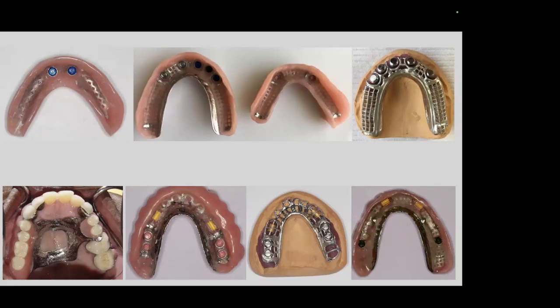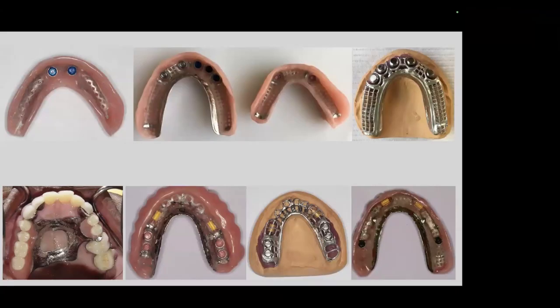But if this patient's wearing a traditional RPD and maybe they don't have the funds to get enough implants to have fixed restorations, or maybe they don't want to do a sinus lift, or for whatever reason, there's a barrier there, the addition of 1 or 2 implants in a posterior region, and you can pick that up with a traditional cast partial, is really a nice treatment and really a nice upgrade, because now they're going to get really nice retention from an implant that they're not going to get from a clasp.